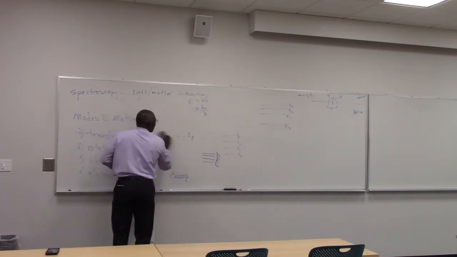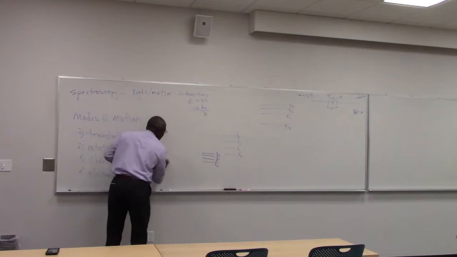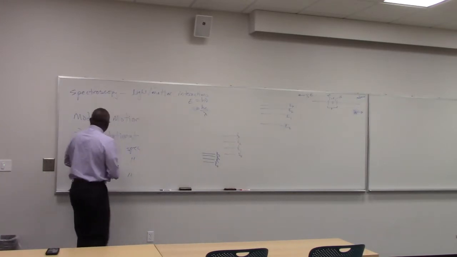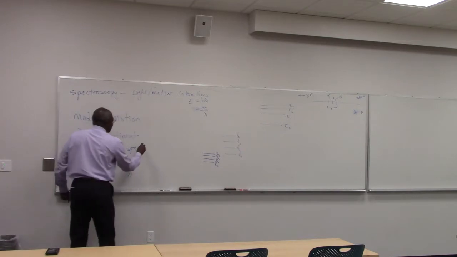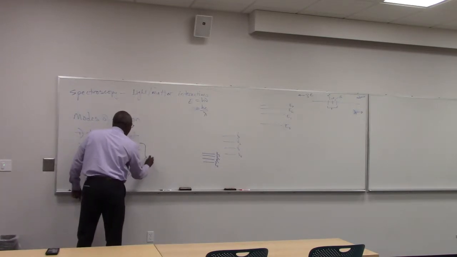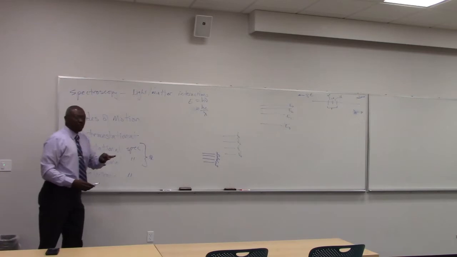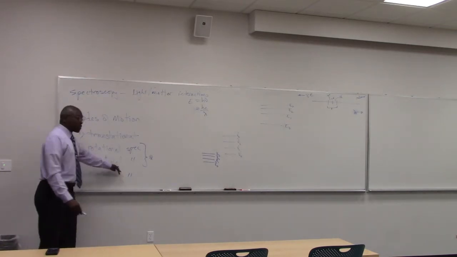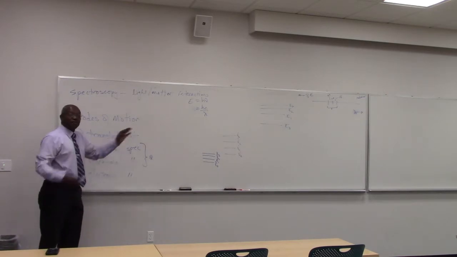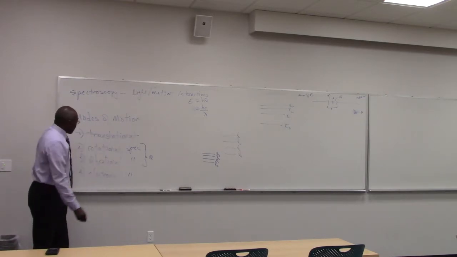So in other words, I can then say that there's no translational spectroscopy, but that rotational and vibrational spectroscopy really both use infrared, or the different parts of infrared. Okay? Rotational is infrared, this is really far infrared, kind of bleeding into radio waves.